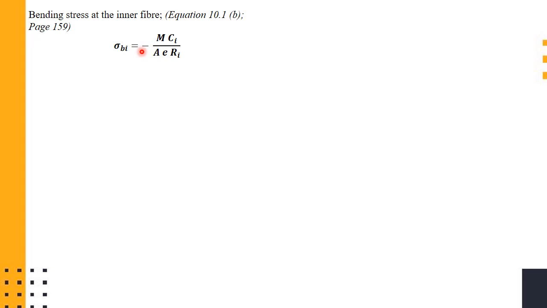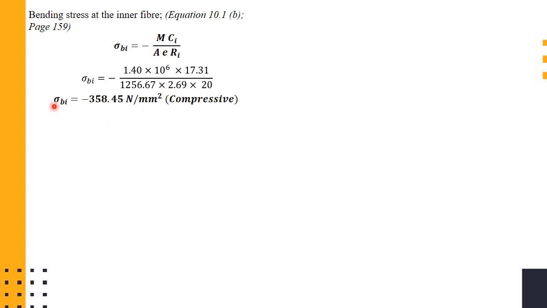This negative sign is not there in your data handbook, but you have to put it here because it is compressive stress, and the same formula will be maintained later also. So the moment value you know, CI value you know, A, E, RI also known. Substitute the values and calculate the bending stress generated at the inner fiber, which is minus 358.45 Newton per mm square. As it is negative, compressive stresses are generated at the inner fiber.